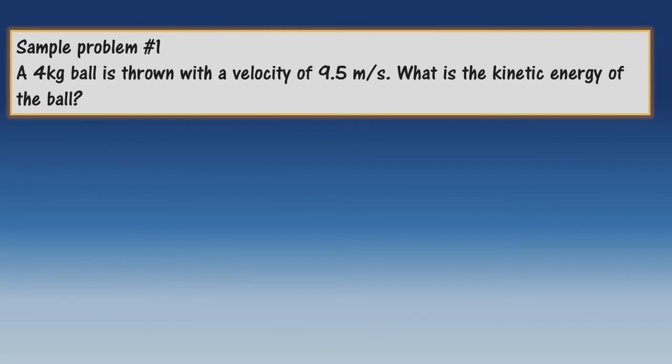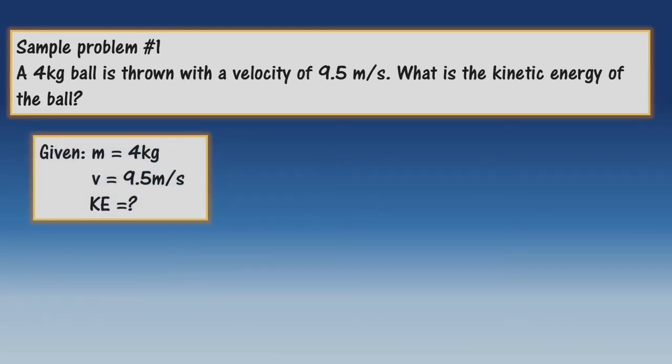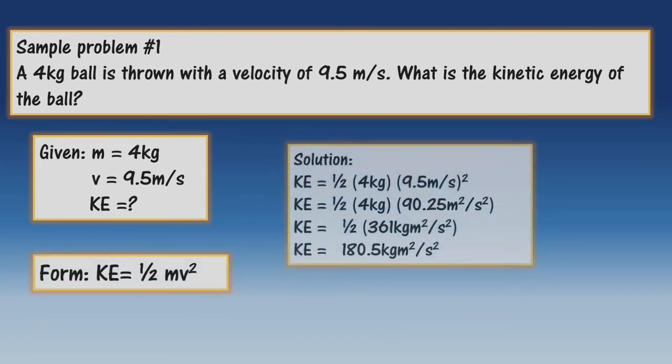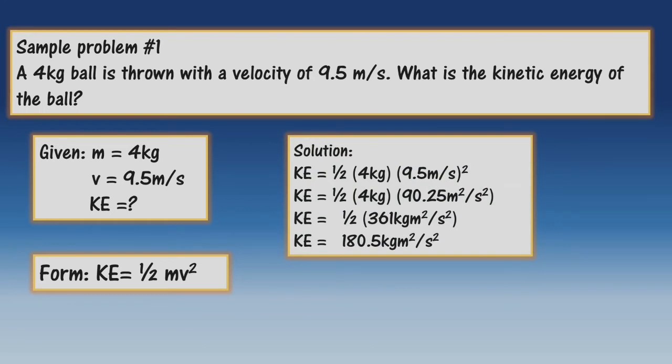Let's try this sample problem. A 4-kilogram ball is thrown with a velocity of 9.5 meters per second. What is the kinetic energy of the ball? Given: mass is equal to 4 kilograms, velocity is equal to 9.5 meters per second, and kinetic energy is unknown.